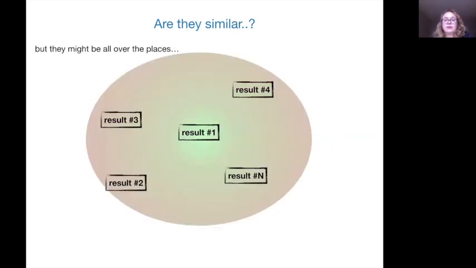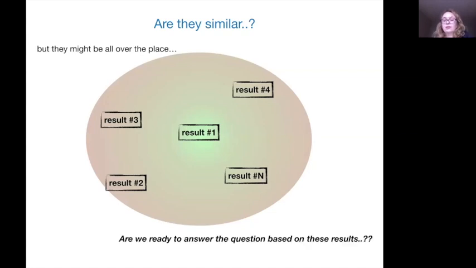However, sometimes the results are all over the place, and it's hard to tell that we have any answer to the question we are asking, because we clearly do not understand something. We are either making some mistakes preparing this experiment, or we are not including important factors that we should be including in our analysis.